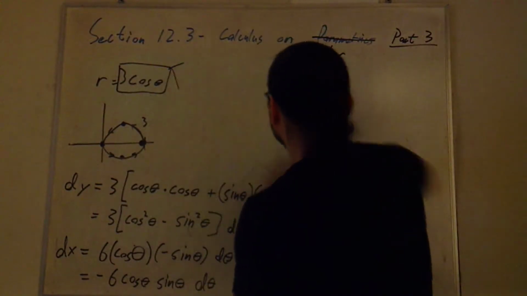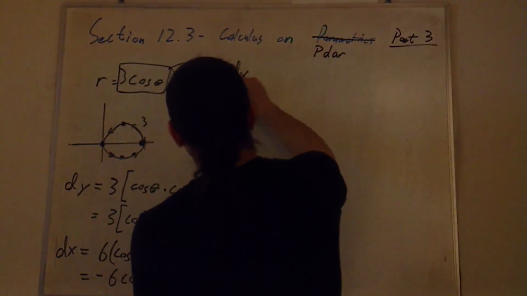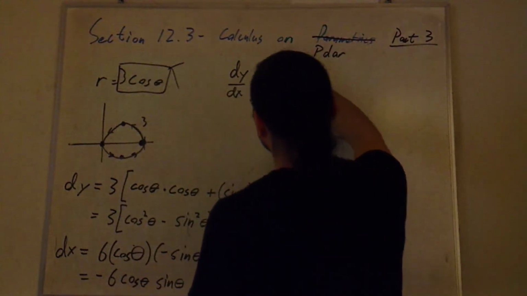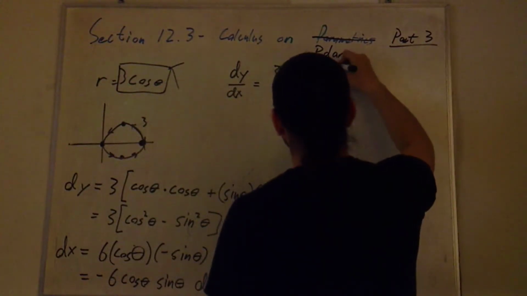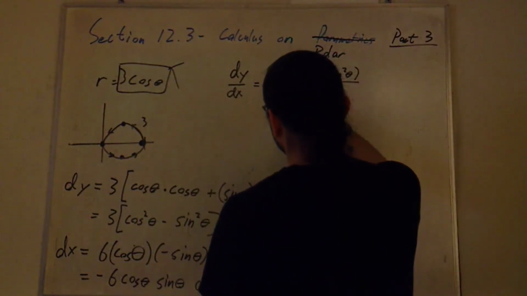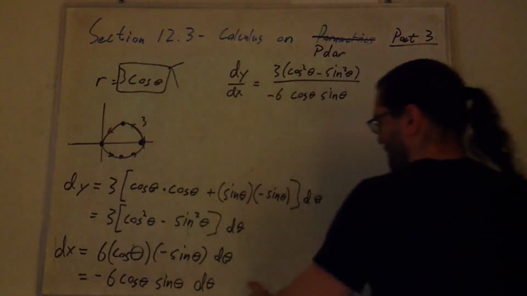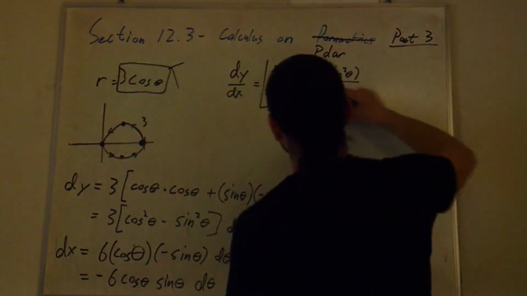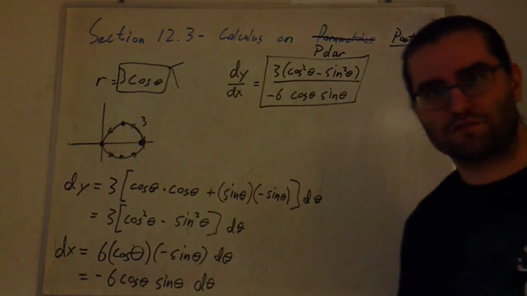Okay. dy/dx equals 3 cosine squared theta minus sine squared theta over negative 6 cosine theta sine theta. There's a d theta here and here. Those things cancel. I'm already tight on space, so I'm not going to write it. This is my derivative function.